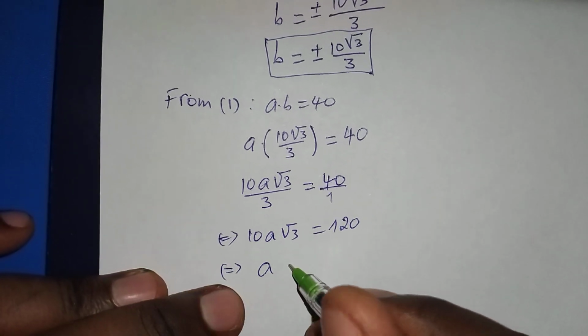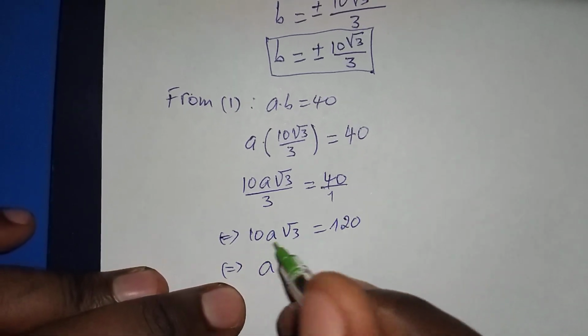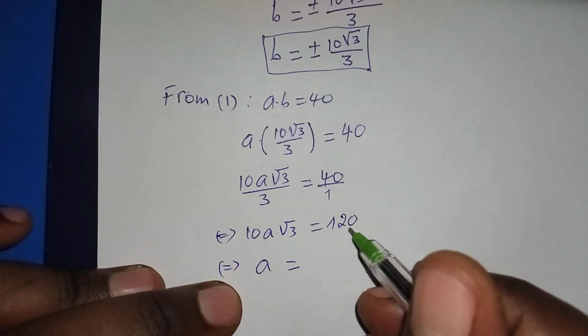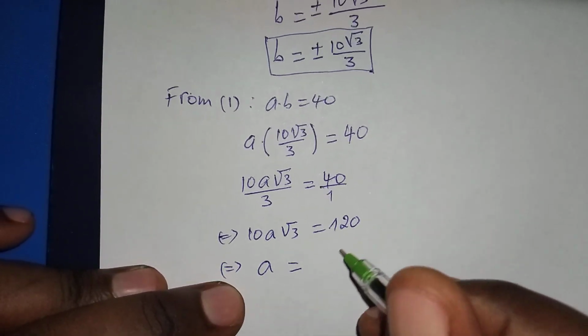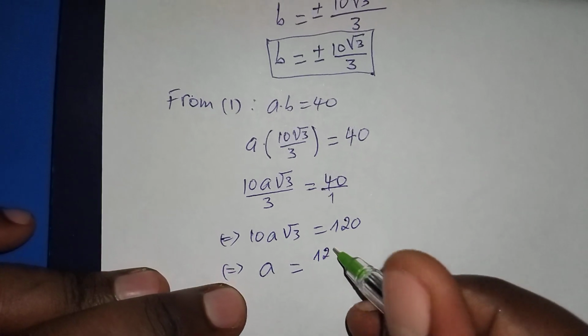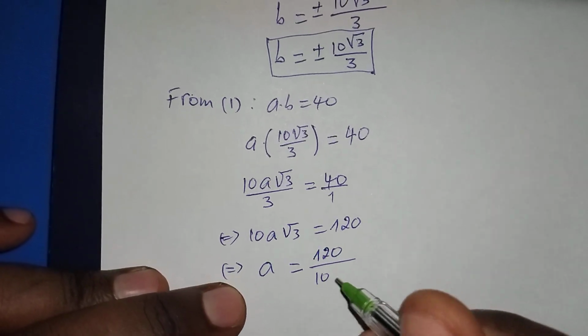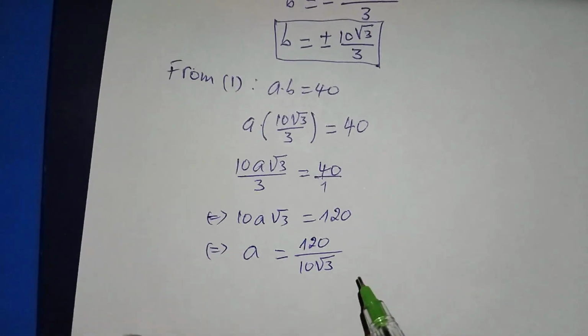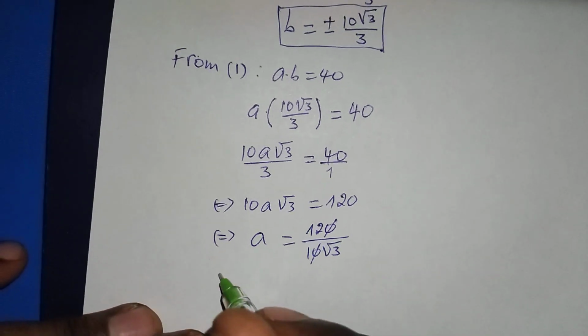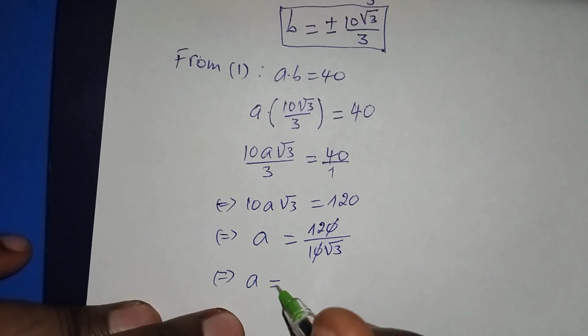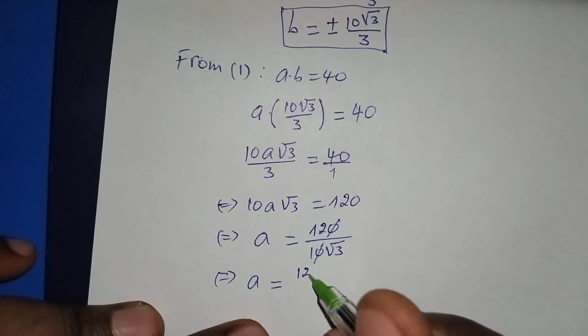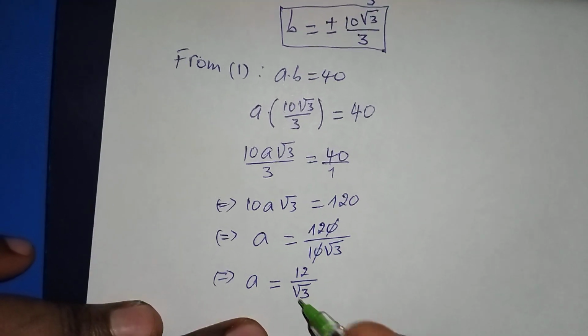So A is equal to, we divide both sides by 10 square root of 3, 120 over 10 square root of 3. We simplify. So A is equal to 12 over square root of 3.